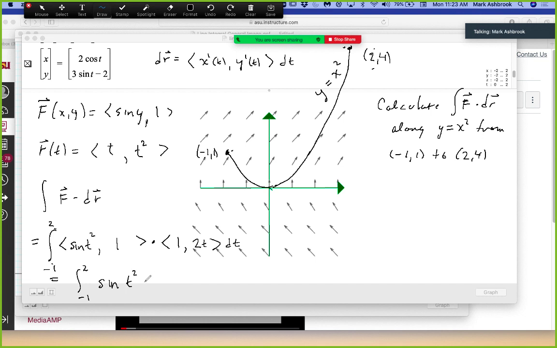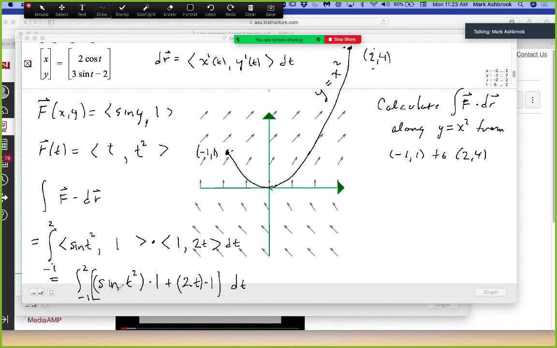So we're going to have the integral from -1 to 2 of sine of t squared times 1 plus 2t times 1 dt. Okay? Sine of t squared does not have a closed form antiderivative, so I'm going to use my software to solve this.